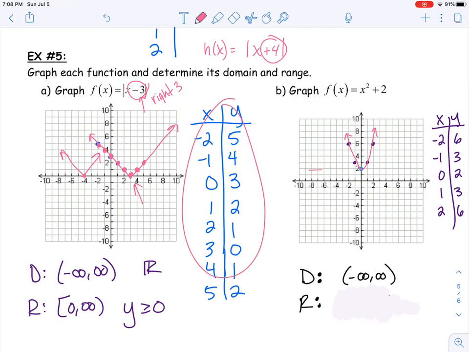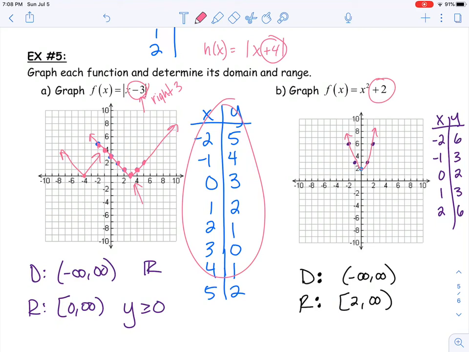What's the lowest y value that's included? Well, it looks like it goes down and it stops here at 2. It goes up from there and includes all the other y values above 2. So I can say, now that I know exactly what the graph looks like, that my range is 2 to infinity, including 2, that's why I have the bracket, up to infinity. But I only knew that because of being able to graph it properly.